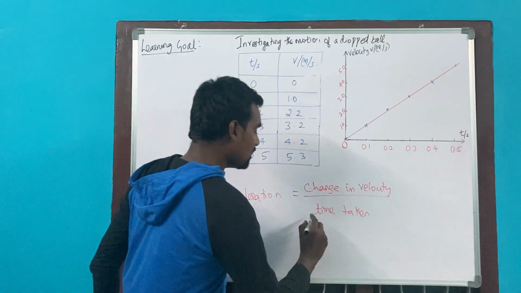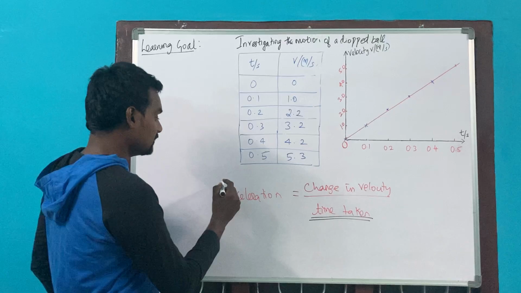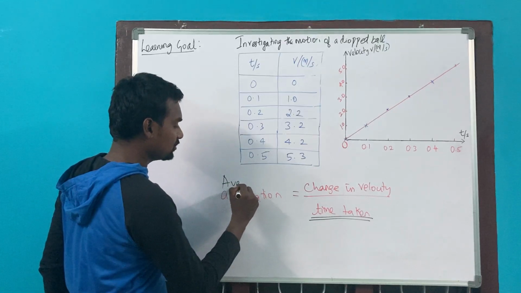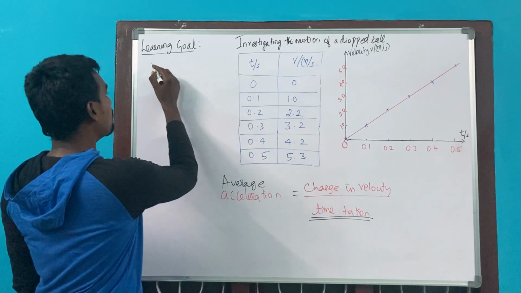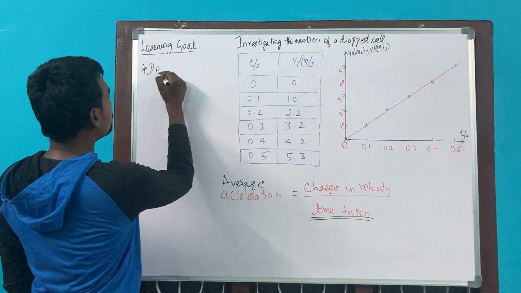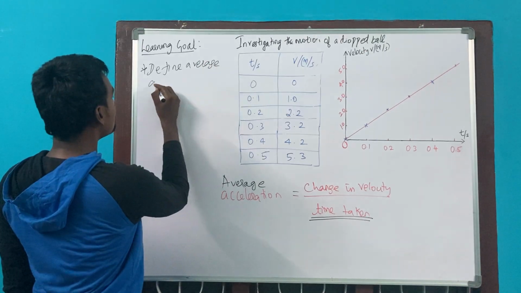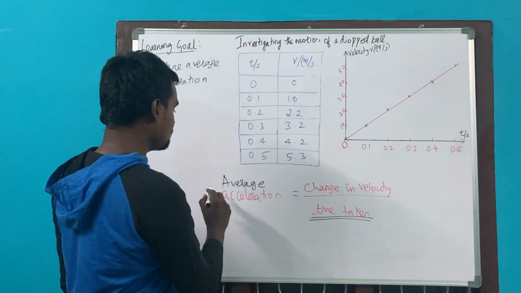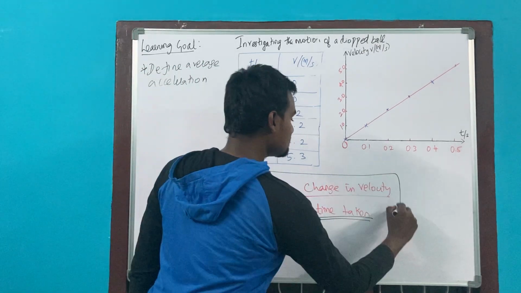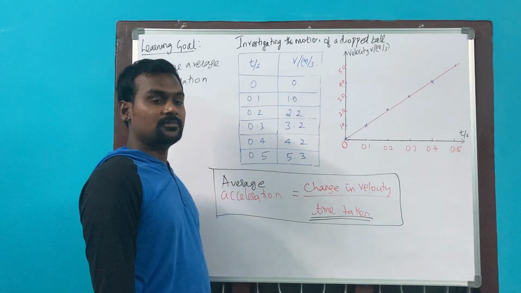Since we are talking of time taken, which means it's over a duration of time, this will be average acceleration. So the learning goal was to define average acceleration. Average acceleration is defined as change in velocity divided by time taken.